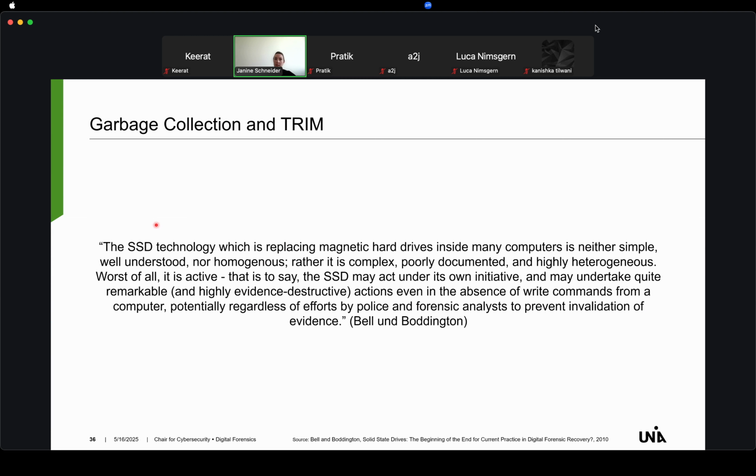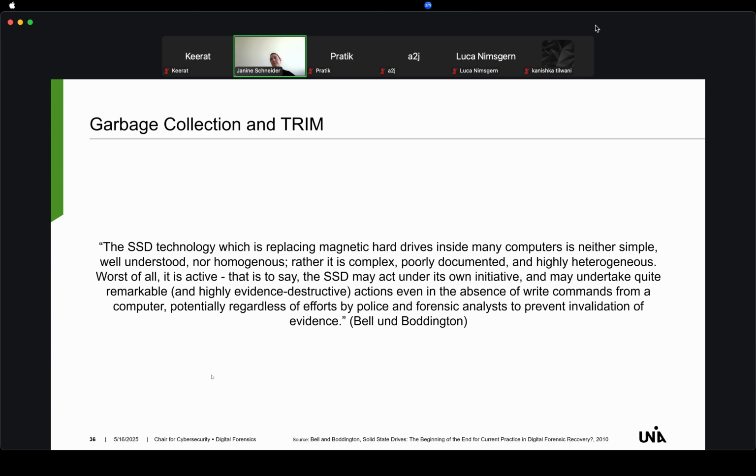That is to say, the SSD may act under its own initiative and may undertake quite remarkable and highly evidence-destructive actions, even in the absence of write commands from a computer, potentially regardless of efforts by the police and forensic analysts to prevent invalidation of evidence.